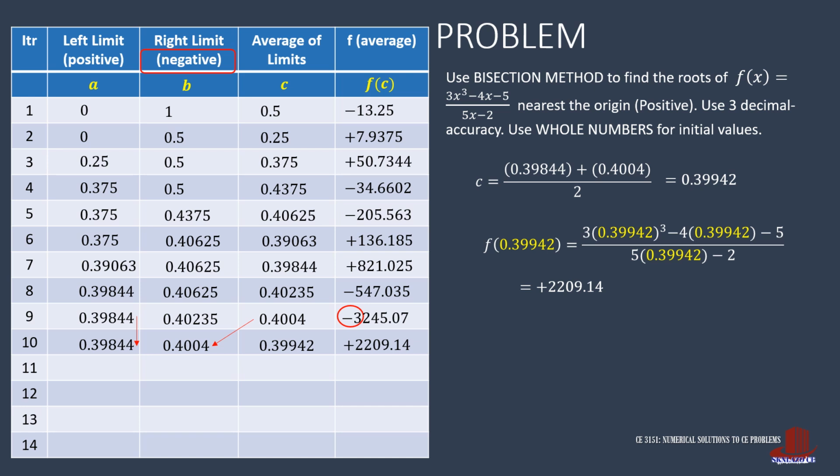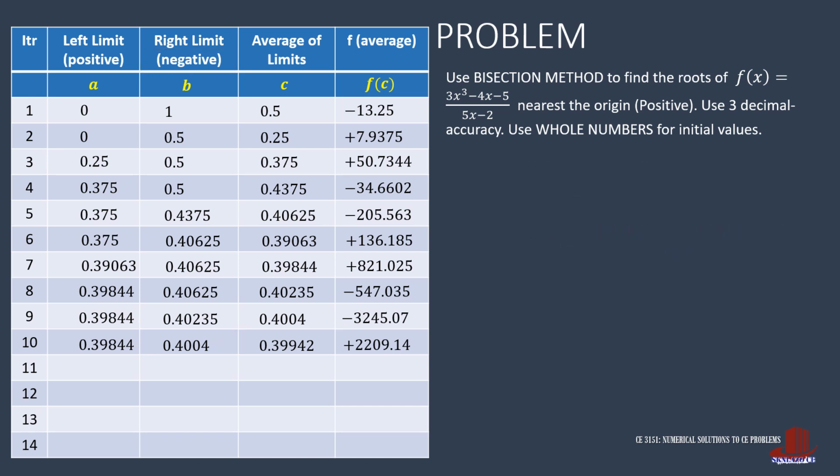The values of f of c now reach the thousands, so it seems like we cannot use f of c in telling when we achieve the root already. In this case, the other option is to have the convergence of a and b. This means that a and b should be the same value. All we can do is to keep on iterating until a is equal to b.